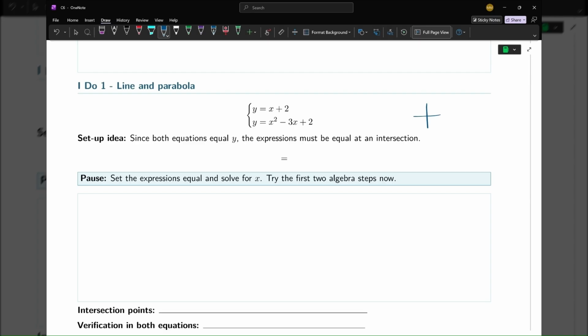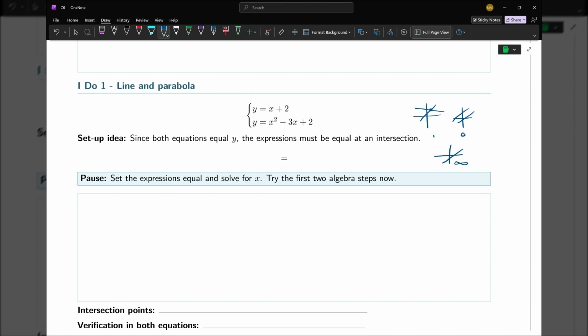Case one was two lines hit each other at one point of intersection. Alternatively, they could never hit each other and run parallel to each other. So that'd be one solution, and that'd be zero solutions. Or finally, they could be the same line, which would be an infinite number of solutions. Same idea with a parabola. If you sketch these, you see these could hit a couple times or not at all.